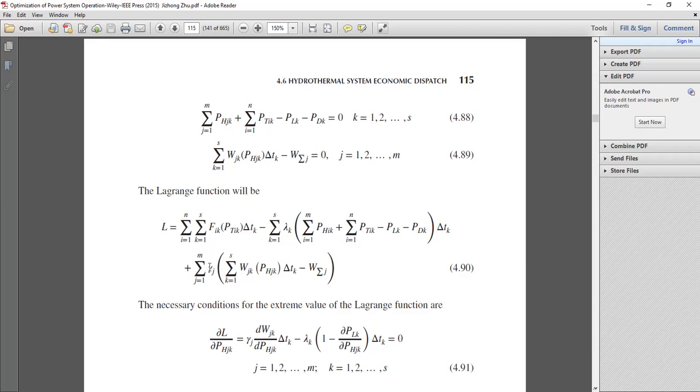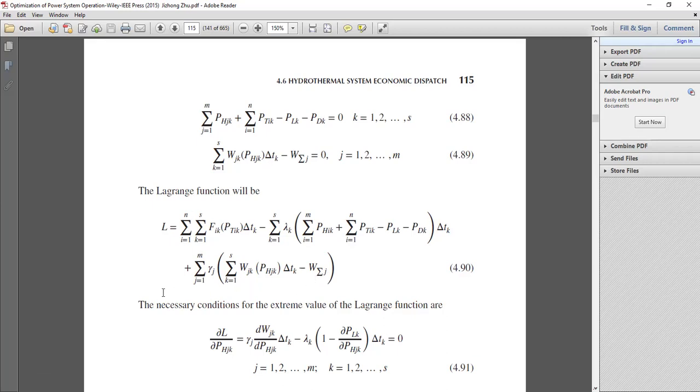So you have to take multiple gamma here for m number of hydro units. Other than that, it is exactly the same as the previous topic that we discussed today.